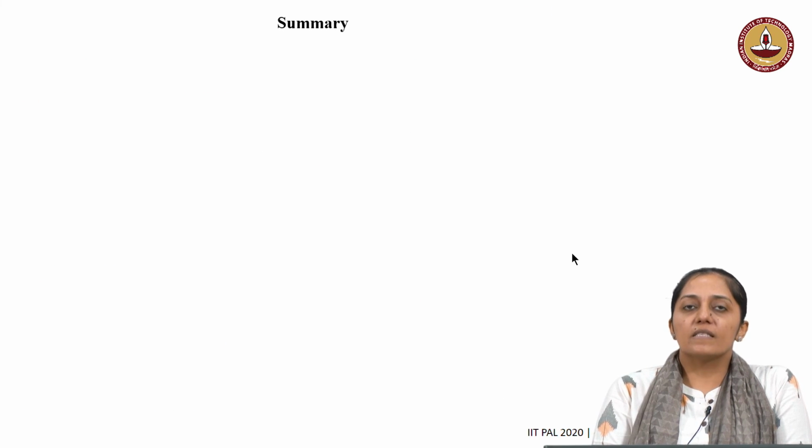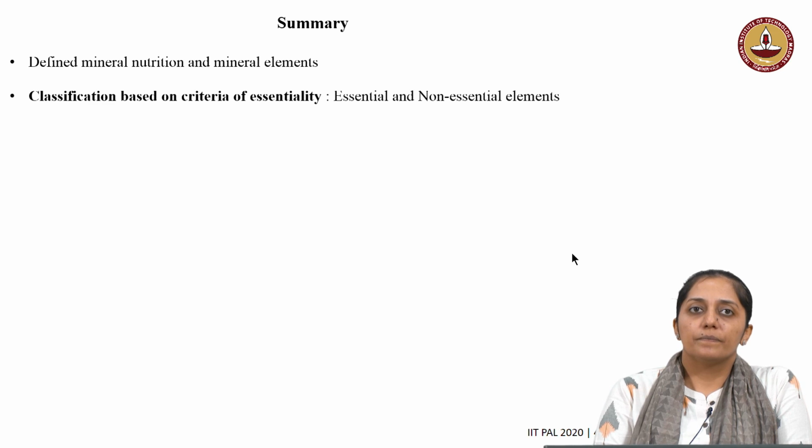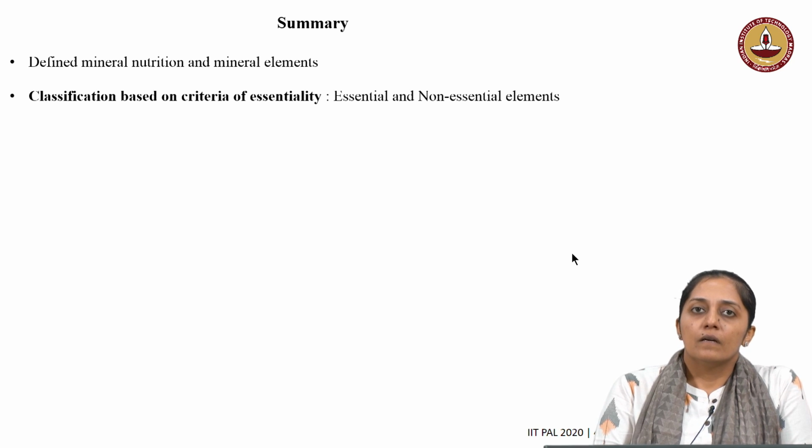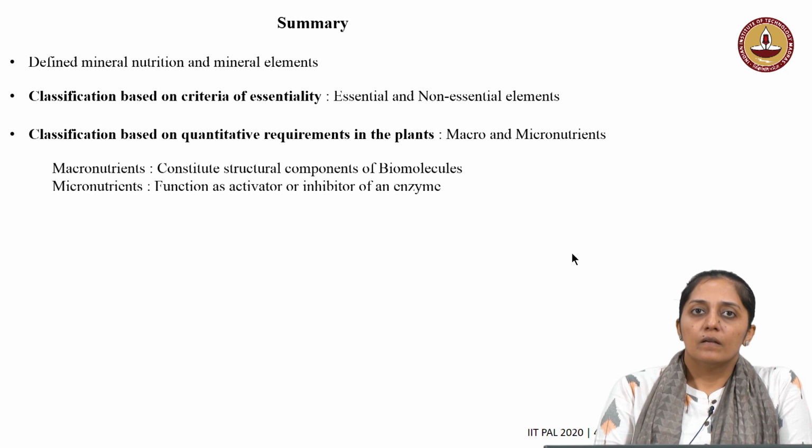So, to summarize the chapter on mineral nutrition, we defined mineral nutrition and mineral elements. We classified the elements into essential and non-essential elements based on their quantitative requirements in the plant.